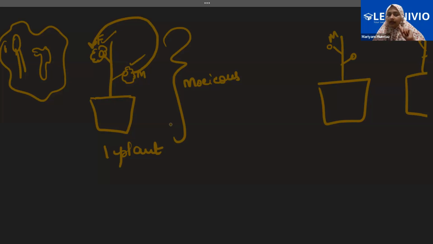But is it inhibiting geitonogamy? No, right? Because the source is the same. It is one plant. So this monoecious case is good. It will be considered an outbreeding device, but not so efficient.